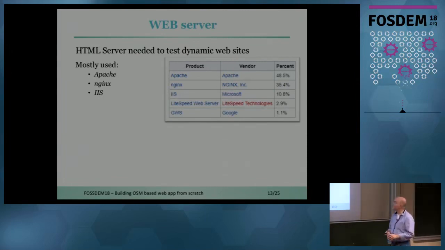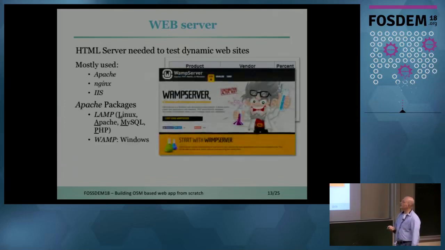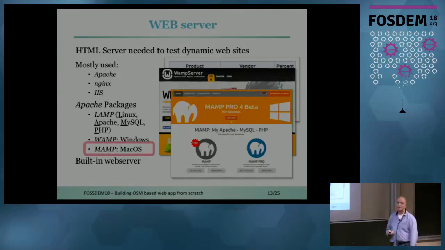That's 10% of market share. But I came over the famous Apache package, LAMP. I think you know it: Linux, Apache, MySQL, and PHP. Or you have the derivatives on Windows and on macOS, WAMP and MAMP. And you can also use a built-in web server of your IDE if there is one. I use MAMP on macOS, and I'm satisfied with that.